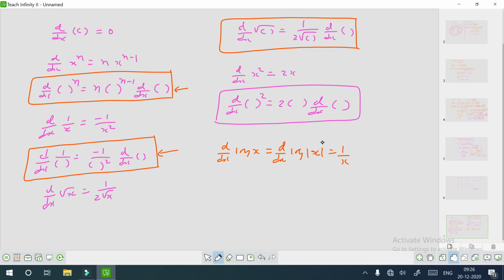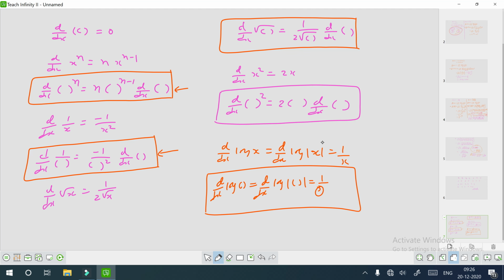So how are we going to remember the general form? d by dx of log of some function, or d by dx of log mod some function, is equal to 1 by some function into d by dx of some function.